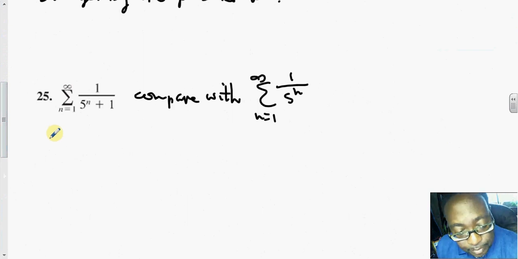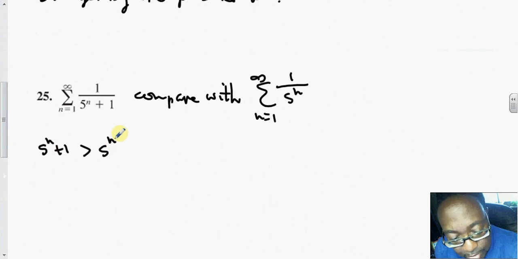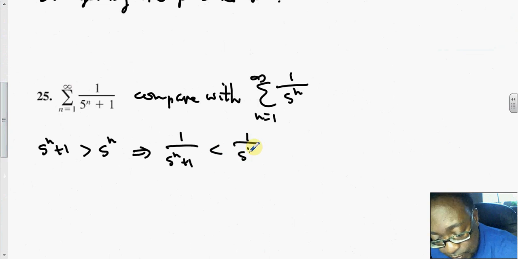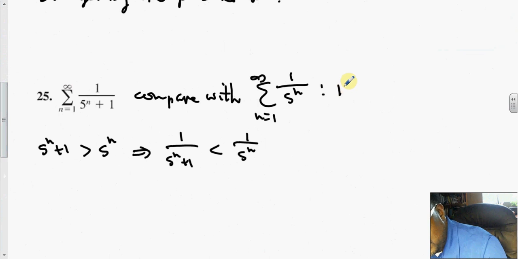So notice that 5 to the n plus 1 is greater than 5 to the n here, for n values being positive. So this implies that 1 over 5 to the n plus 1 is less than 1 over 5 to the n.